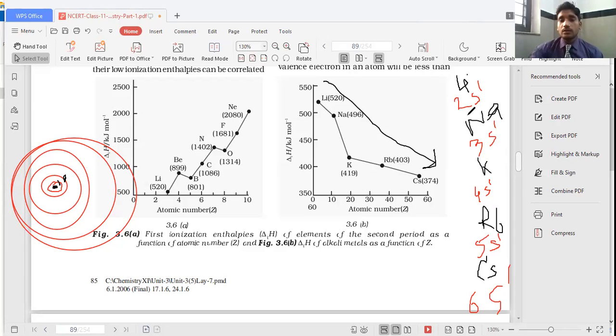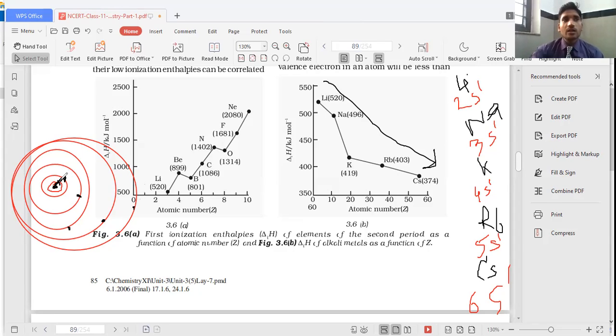In case of sodium, your outermost electron is present in the third orbit. In case of potassium, it is present in the fourth orbit. In case of rubidium, the fifth orbit. And in case of cesium, the sixth orbit. You know which force of attraction is working between nucleus and the electron?